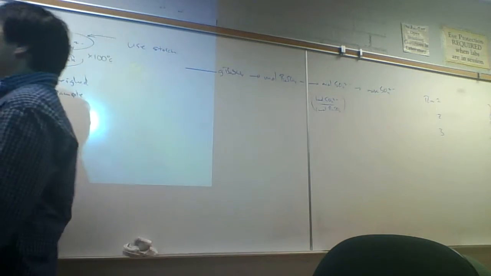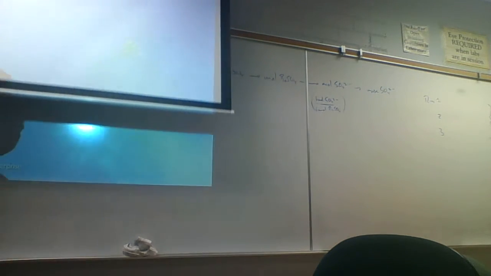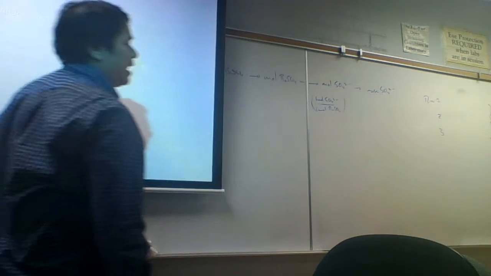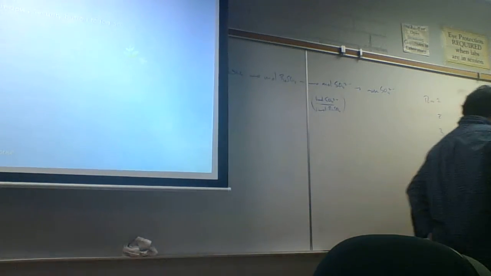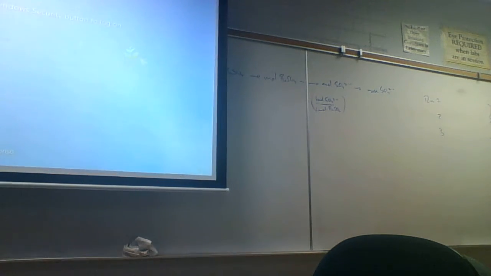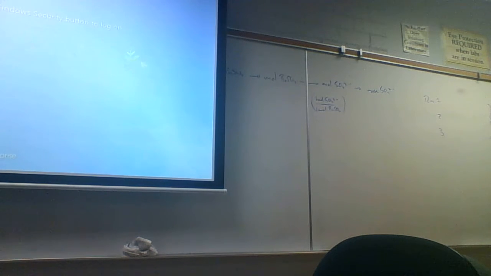Well, I'm going to talk a little bit about averages, and how much confidence we can have in the average. With an average of 3 runs, obviously, if we do more runs, the more confidence we can have in that. And so let's talk about the confidence in the average.